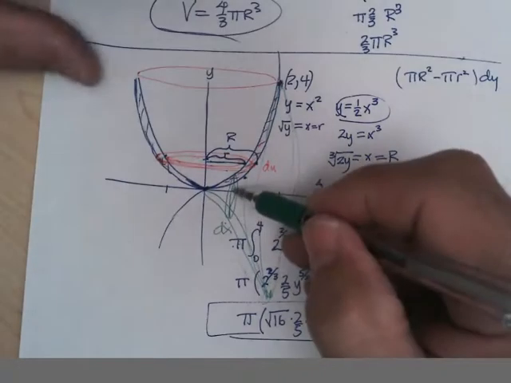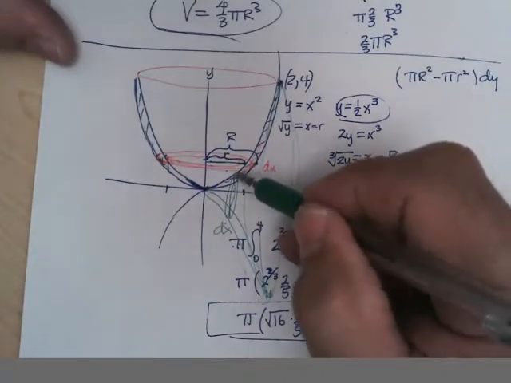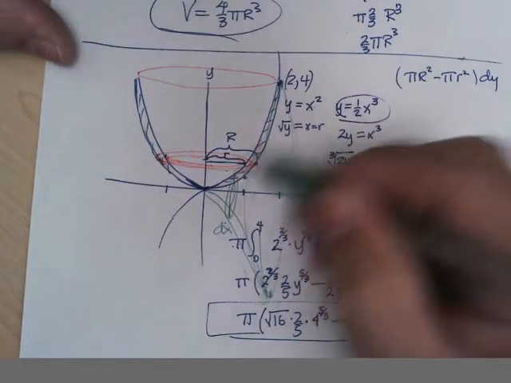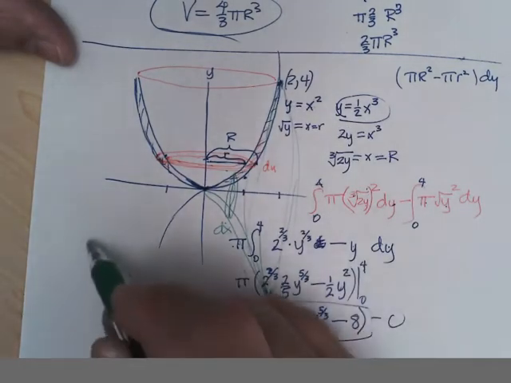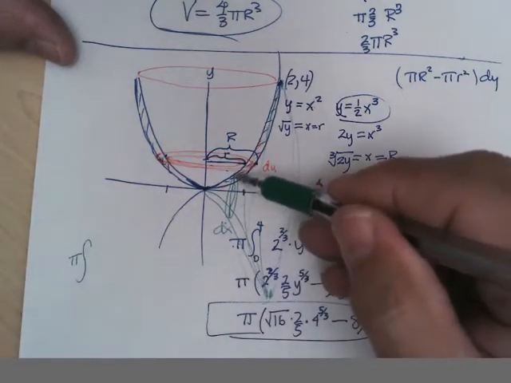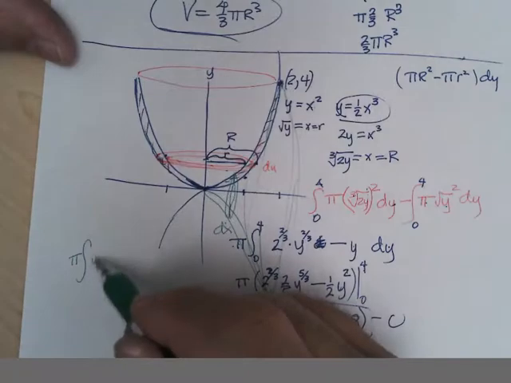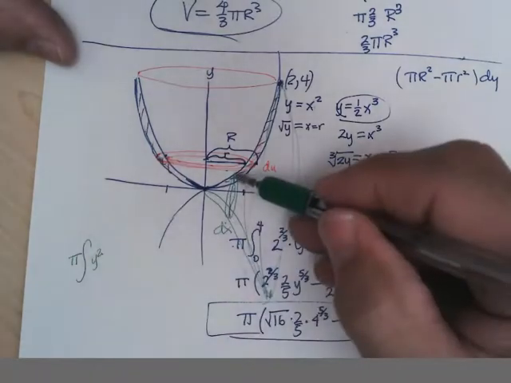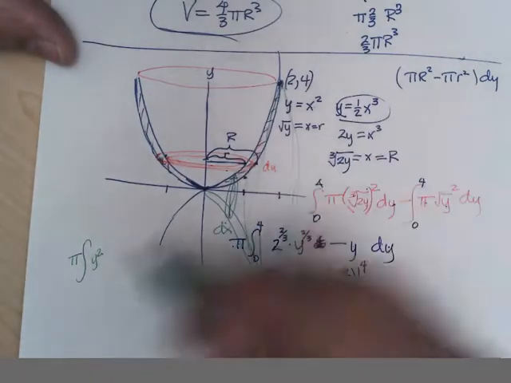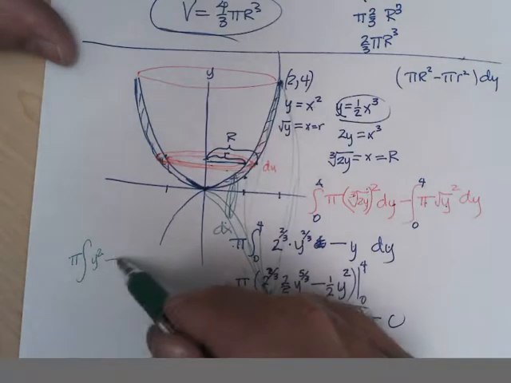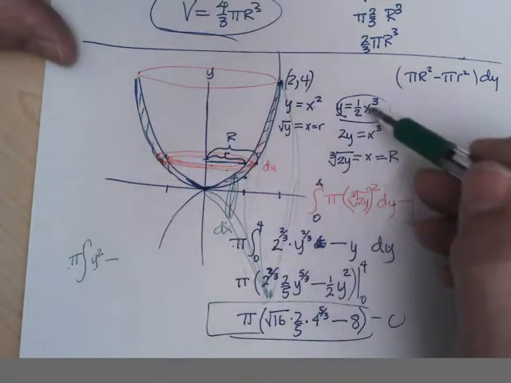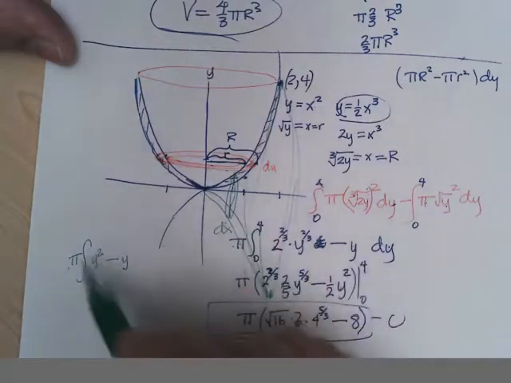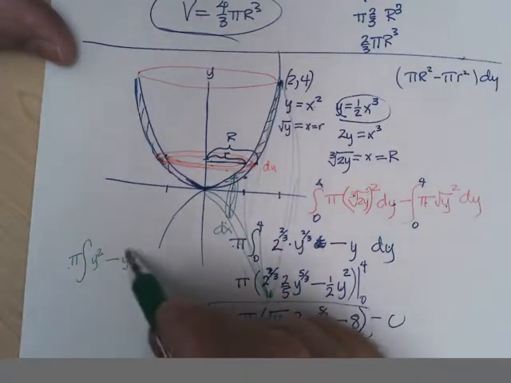The large radius goes up to this curve, and it's y, so it would be the integral of pi r squared, which is y squared, for the large radius, times the thickness, times dx, minus pi times the small radius, which is the y from this one, y from the inside, squared.